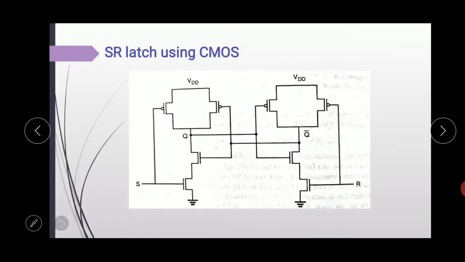The PMOS are connected in parallel and the NMOS are connected in series. But by drawing the diagram step by step, it is easy to understand, so we will do the diagram step by step.